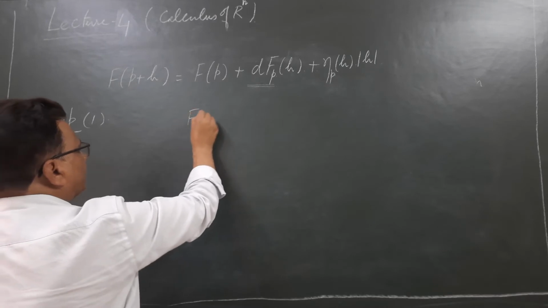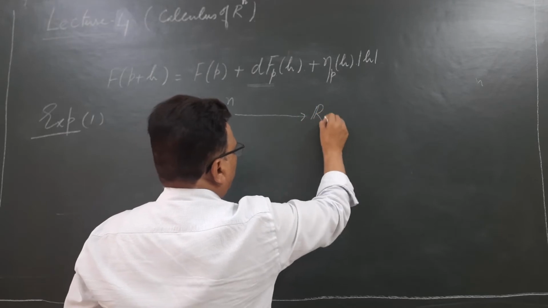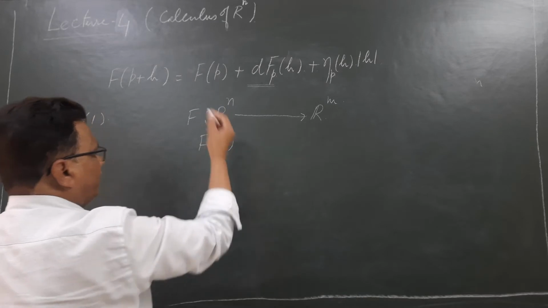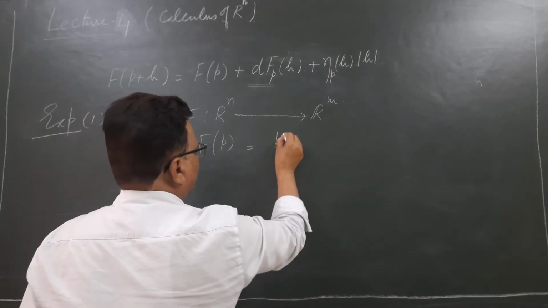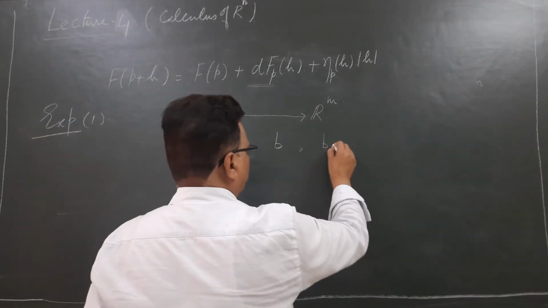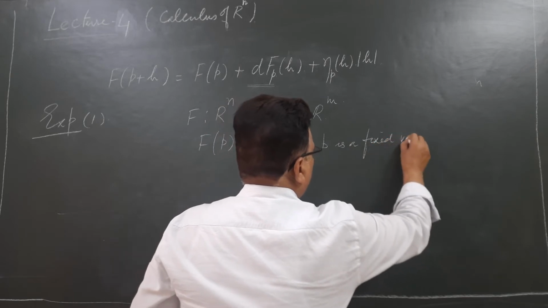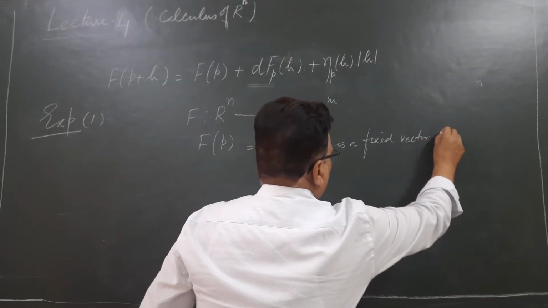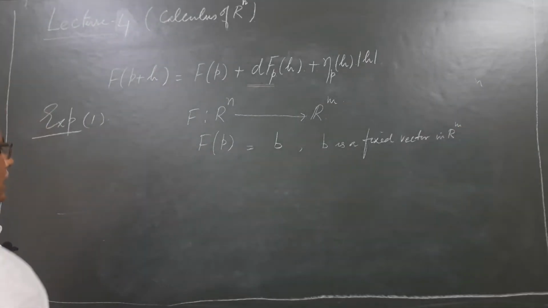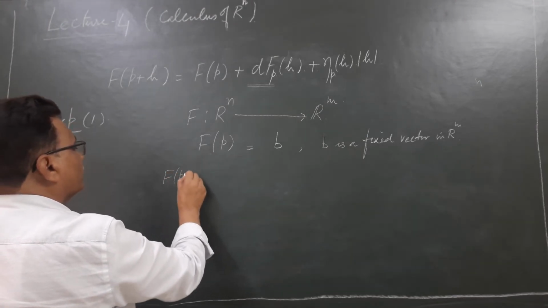So let me consider a function f from Rn to Rm such that f of p for any p is equal to a fixed vector b in Rm. Since f of p equals b for all p, f of p plus h is also b.